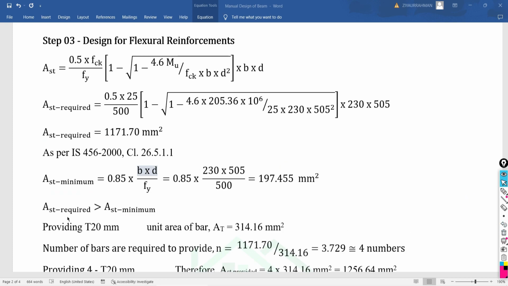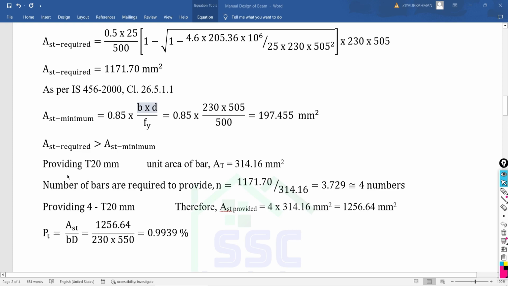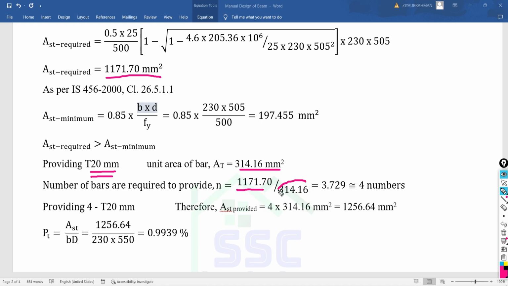Here I have to decide what diameter of bar we have to provide. I would like to provide a bar diameter of 20 mm, and the unit area of this 20 mm diameter bar is 314.16 mm square. Now the actual area of reinforcement required divided by the unit area of reinforcement will give you the number of bars required.